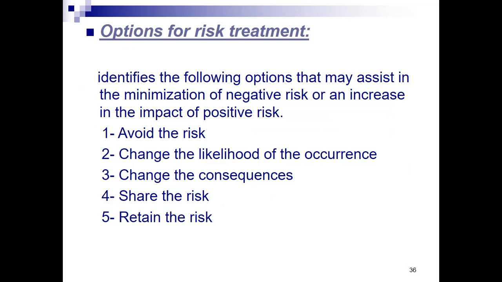Number 1 is to avoid the risk. Number 2 is, by the way, these are options. They are not step by step, so we can just select. 2 is change the likelihood of the occurrence. It's possible that by certain ways or means, we can decrease the occurrence of the negative outcomes. For the positive, we can increase. Number 3 is change the consequences and, of course, the results or outcome.